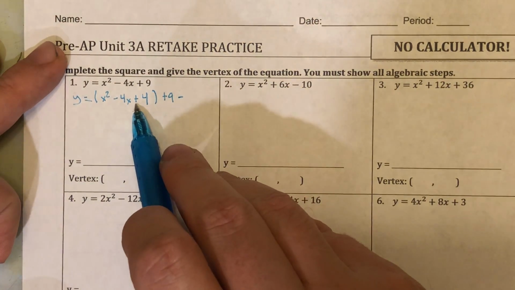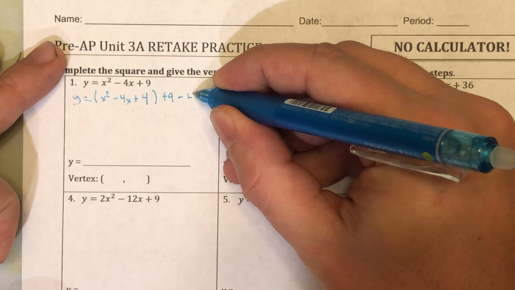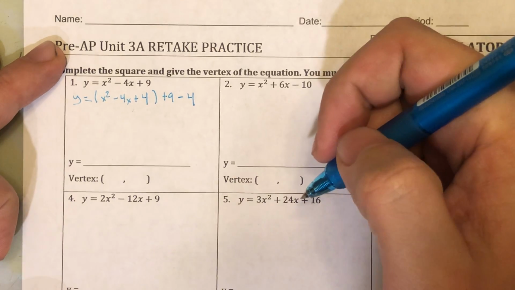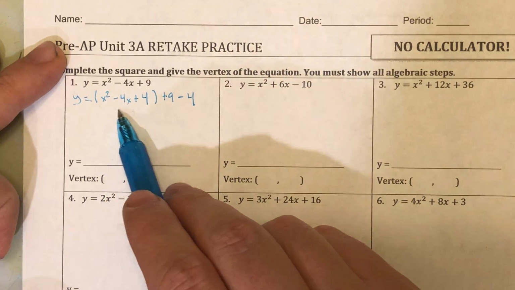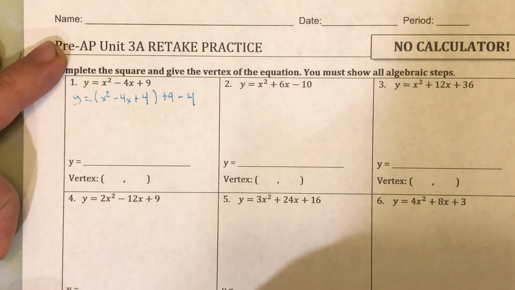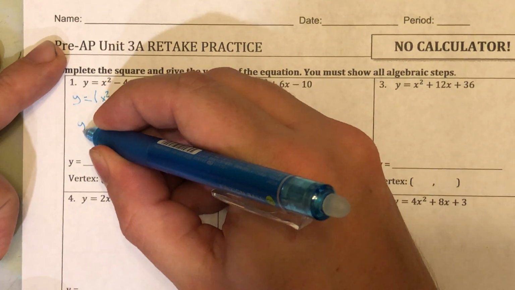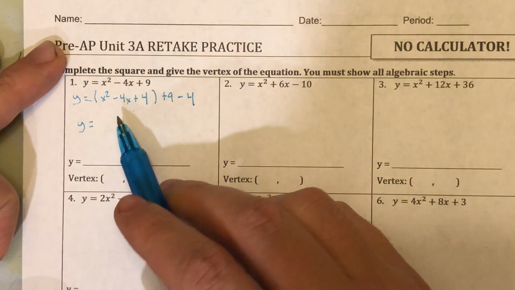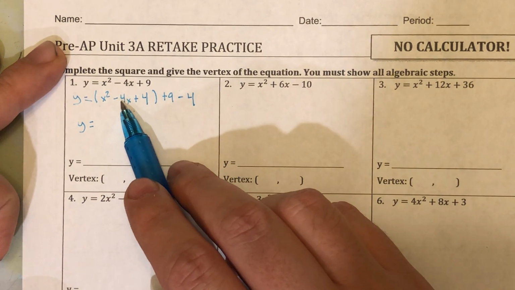And because I am adding 4, I also have to subtract 4. So the 4 goes out here. The goal in completing the square is to create this perfect square trinomial that I can rewrite as a binomial square. So that is going to factor as, so you're looking for two numbers that multiply to give me 4, add to give me -4.